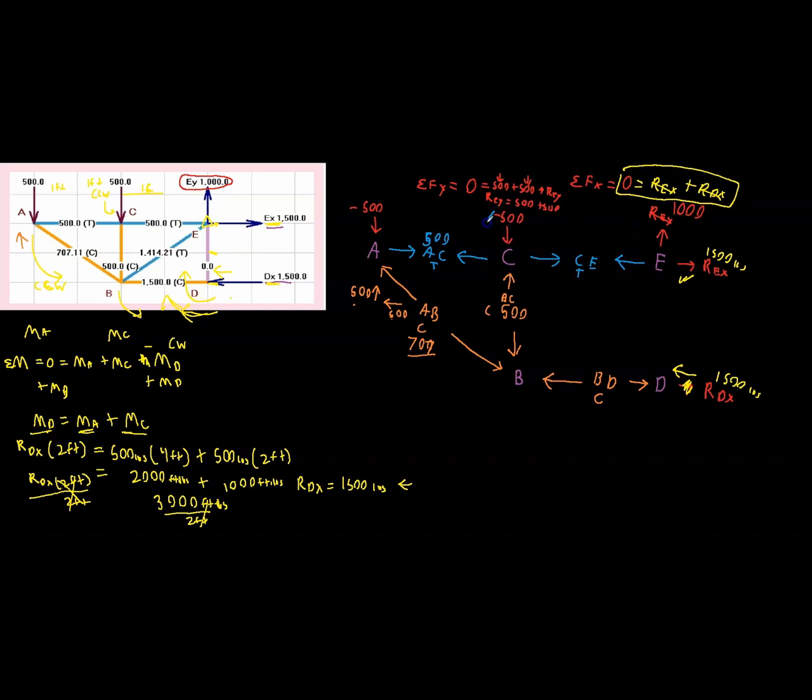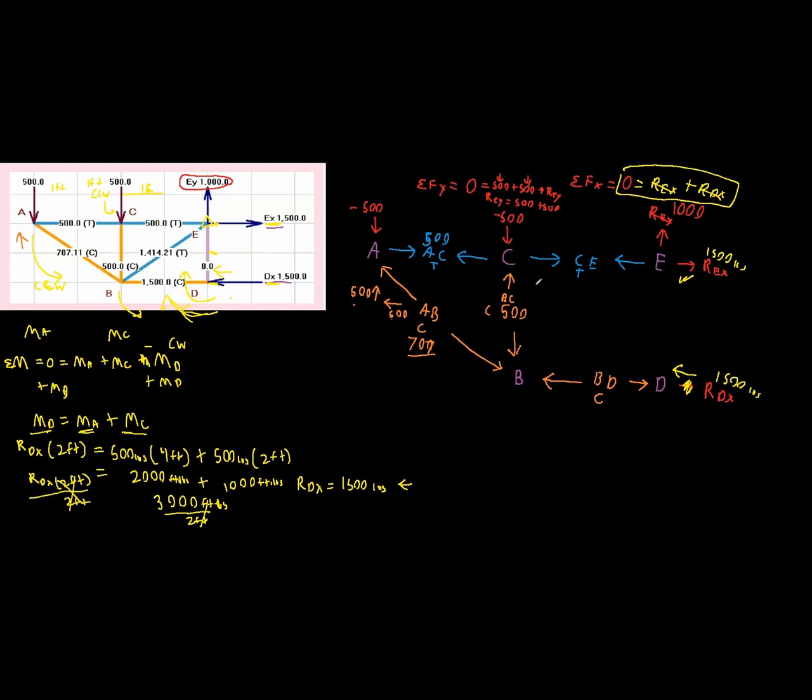But if you only have two forces in the Y direction at C, then you know they have to be equal and opposite to add up to zero. The same is true here. If you only have two forces in the X direction at C, you know they have to be equal and opposite to cancel out. Since there's only two members at C in the X direction, that's how you figure that out.